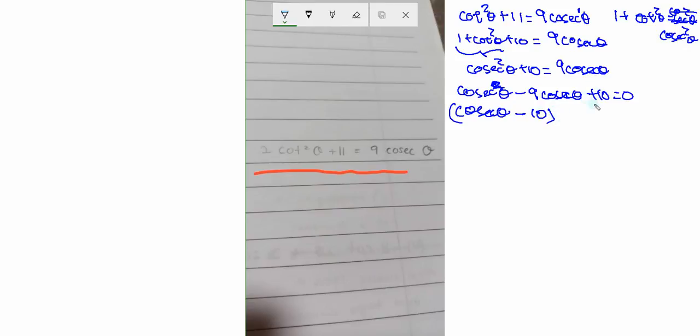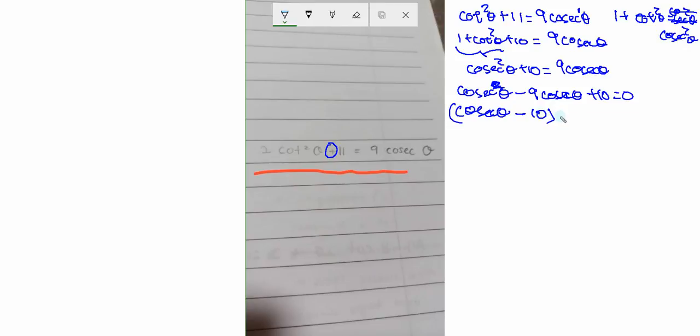But then this has to be negative, but here is positive. Okay, now it looks like you couldn't factorize this.